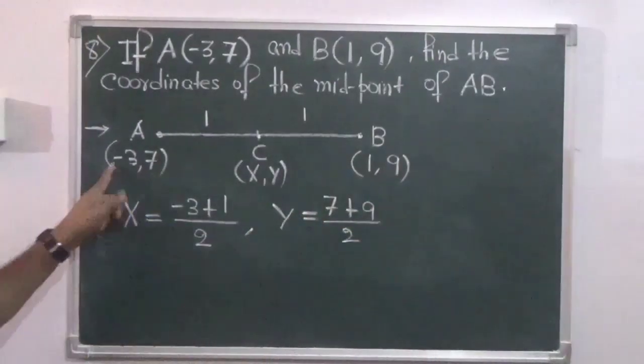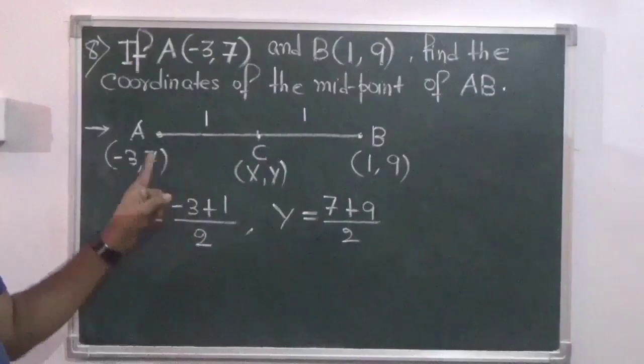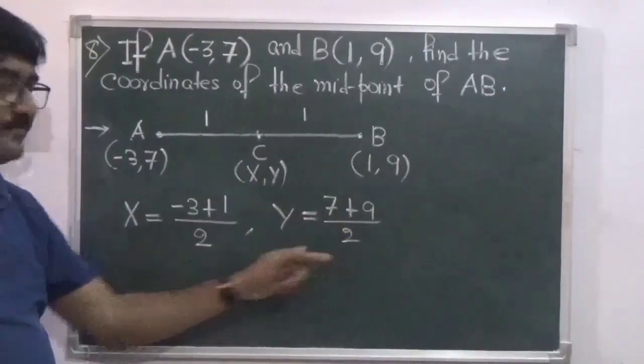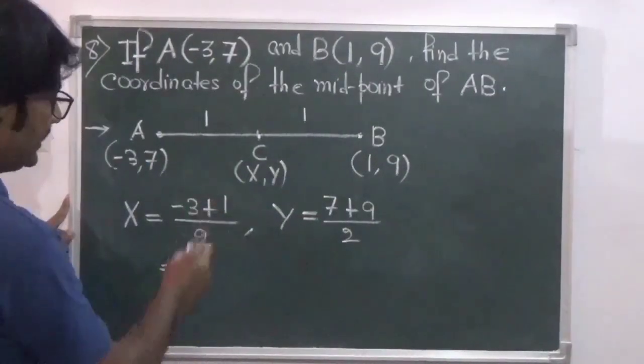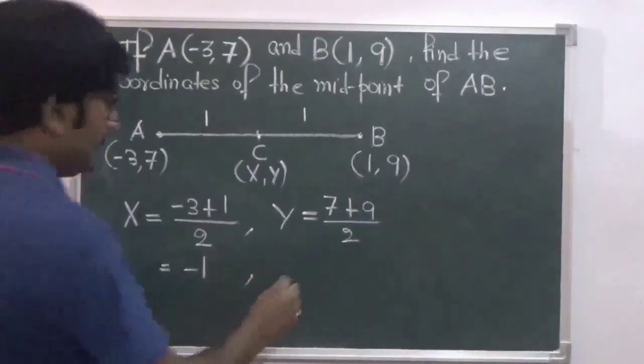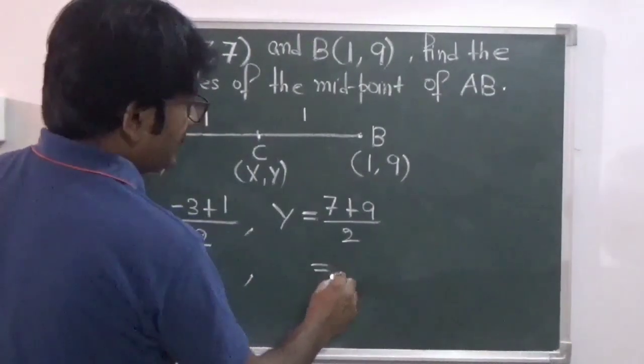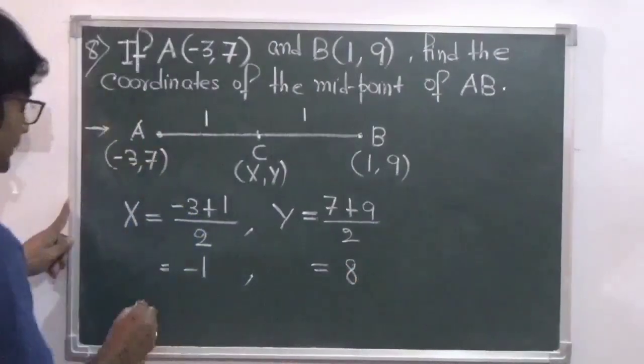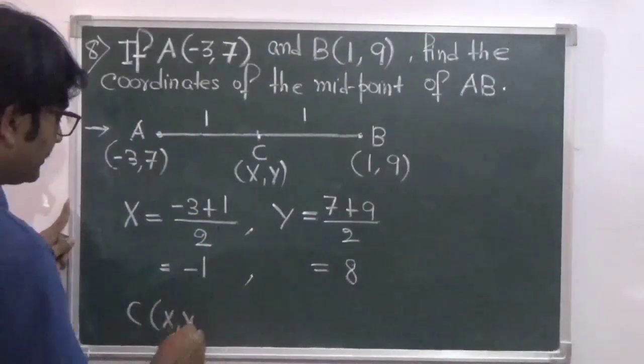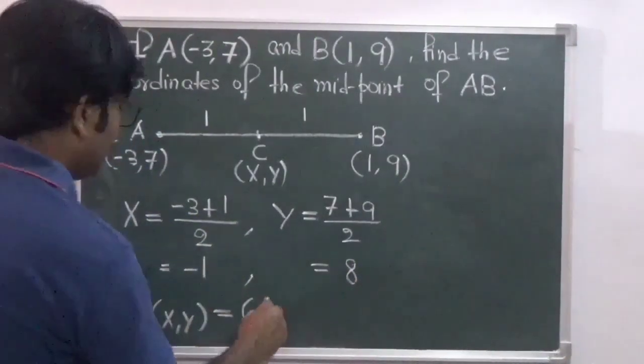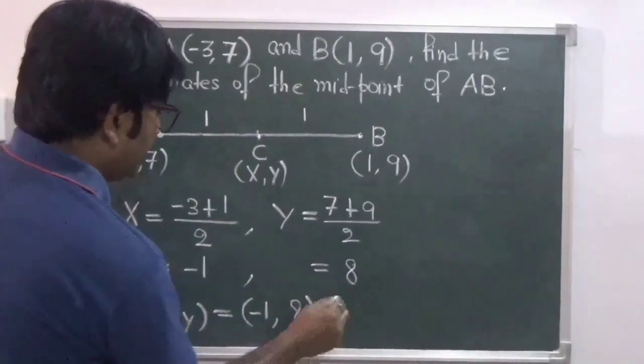So it is (-3 + 1)/2, (7 + 9)/2. This comes to -2/2, that is -1, and 16/2, that is 8. So the coordinates of the midpoint of AB are (-1, 8).